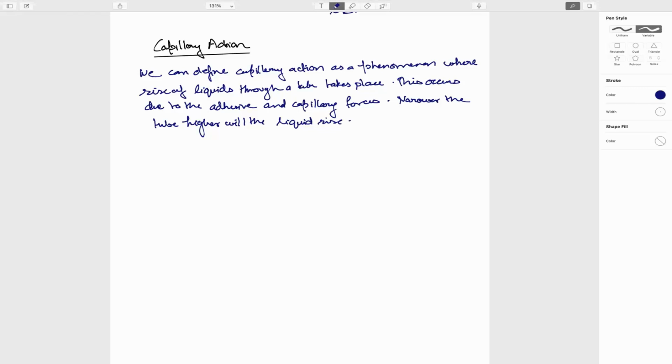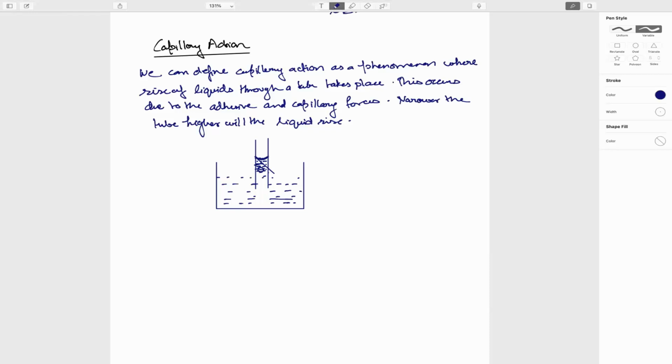So we have water, let's say water, and we have this meniscus tube that is dipped inside that. And what happens is that the water rises into this tube and forms a meniscus. So water rises and forms a meniscus at some contact angle theta.